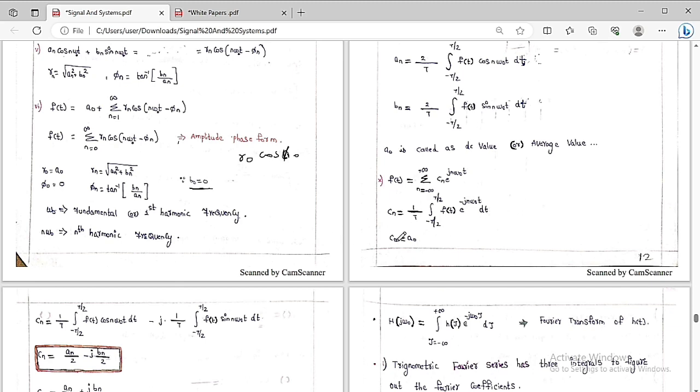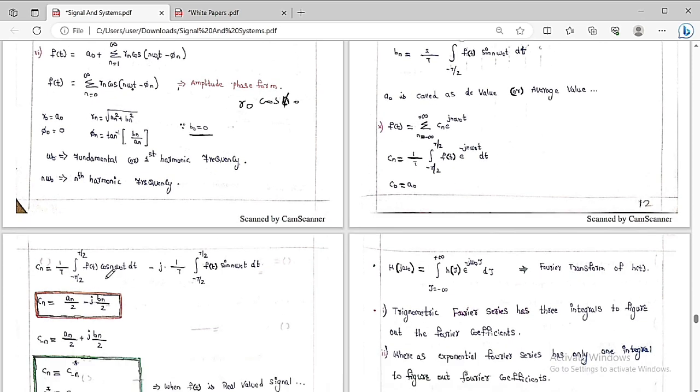If you substitute and expand, finally you get 1 by T integration over the one time period f of t into cos n omega naught t dt minus j into 1 by T integration over the one time period f of t into sin n omega naught t dt. This is nothing but an by 2 and this is nothing but bn by 2. So Cn is equal to an by 2 minus j bn by 2.